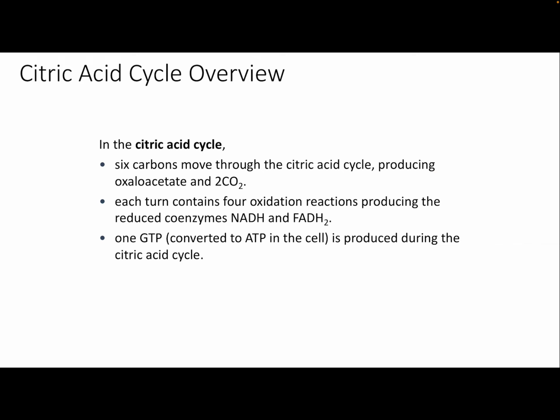And as I mentioned, we're going to be following the carbon dioxides that come off. And so in the next slide, I'm actually going to show you why they say 6 carbons move through the citric acid cycle. Really, it's a 4-carbon molecule that we're going to regenerate at the end of this citric acid cycle, so that our 2 carbons in form of acetyl-CoA will add in to make a 6-carbon compound.